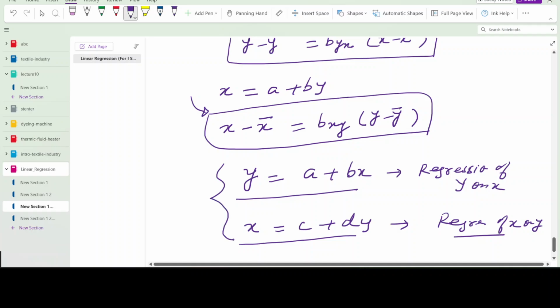It is very important to understand. If we are using the regression of y on x, y is the dependent variable, and when we are regressing x on y, x becomes the dependent variable.